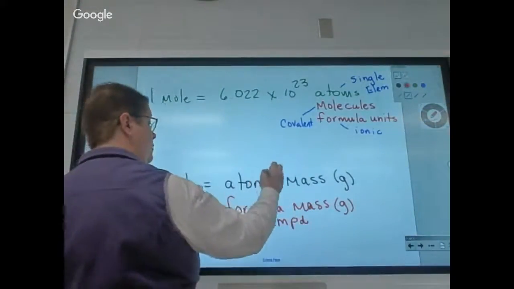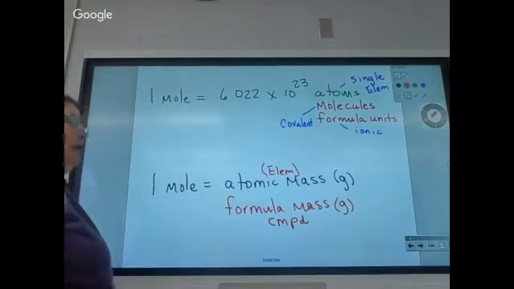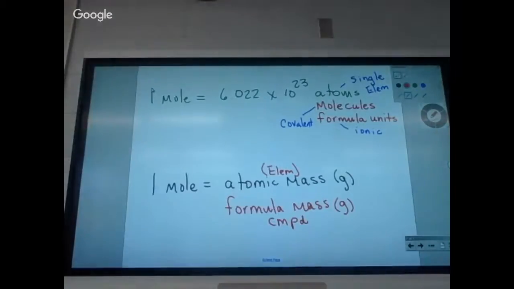Atomic mass was for a single element. Last week, you guys could only work with elements. Now we know how to do this with compounds. So we're going to learn to draw our T-charts with a compound instead of an element. Everything works the exact same way. Nothing is different.